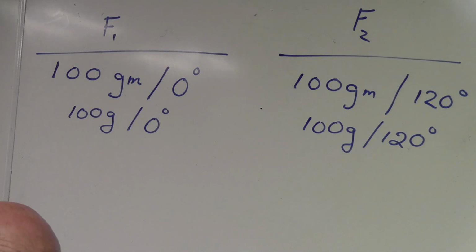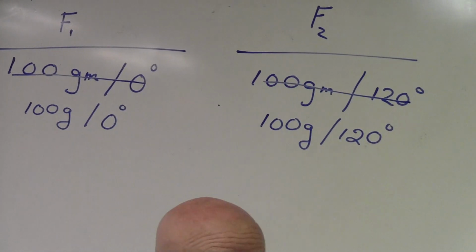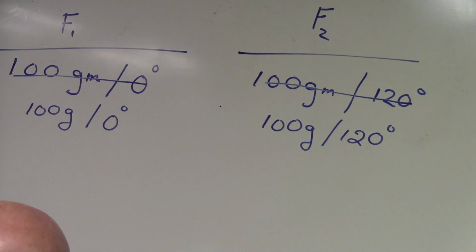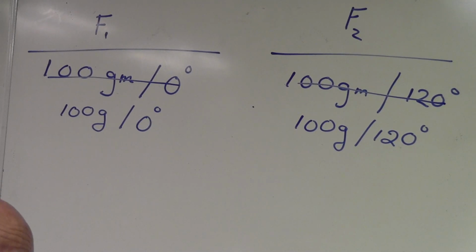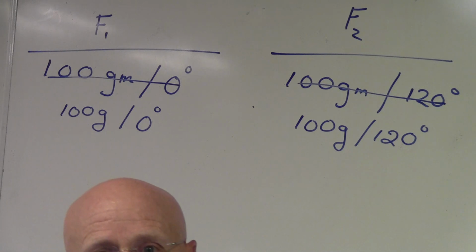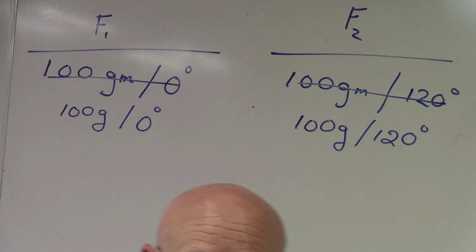In today's world, it should just be a G. So I'll put G for grams and cross that out. But when you see that in the lab manual, you'll understand that it means grams. The little slash does not mean divide. The little slash is telling us that we have a vector. Remember, a vector has a magnitude and a direction.